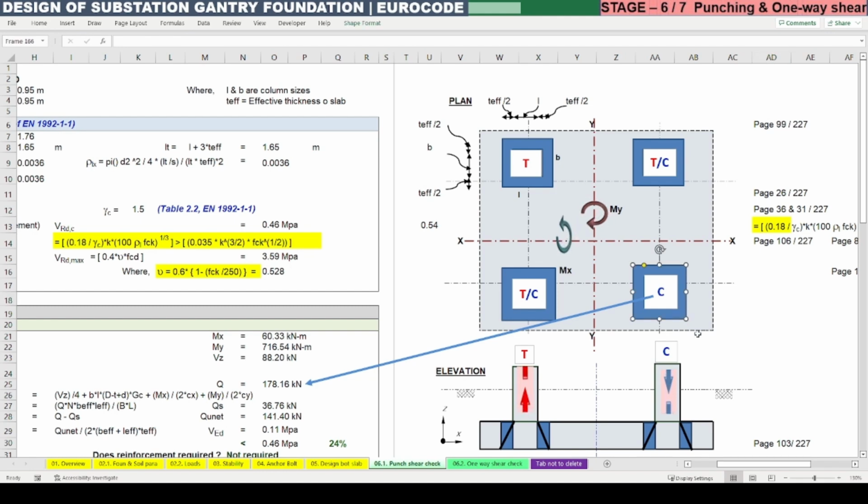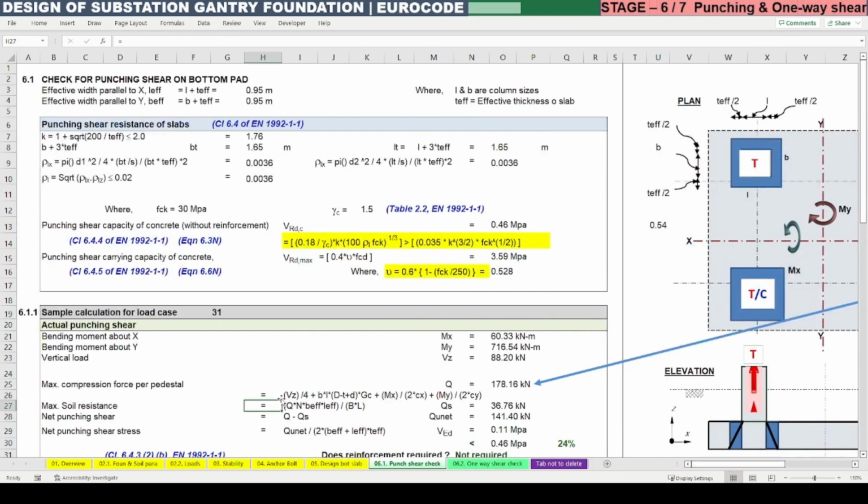So it means the compression which occurs due to the moments Mx and My we need to consider. So for that we need to divide the entire moment by the lever arm distance. So Mx divided by the longitudinal spacing and My divided by the transverse spacing we need to apply. So that is this equation: Mx divided by 2 into Cx plus My divided by 2 into Cy.